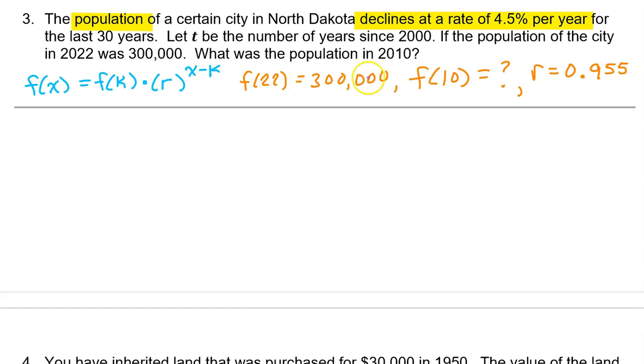Let's substitute these three expressions into the model. Instead of f of x, we will put f at 22. For f of k, we will put f at 10. We just found that r is 0.955, and then we have the x minus k power.